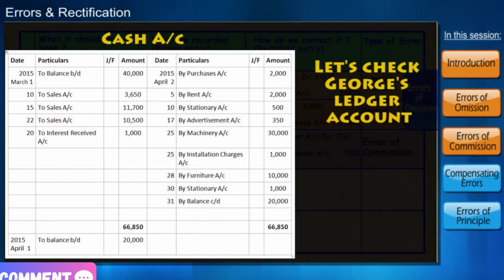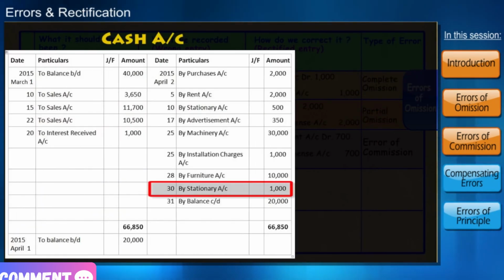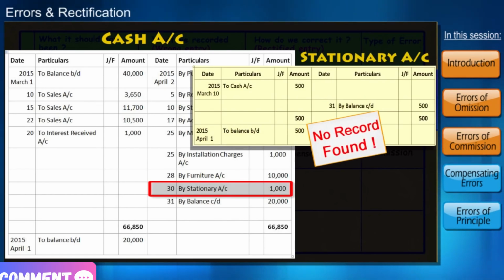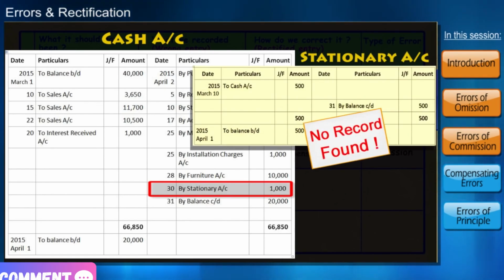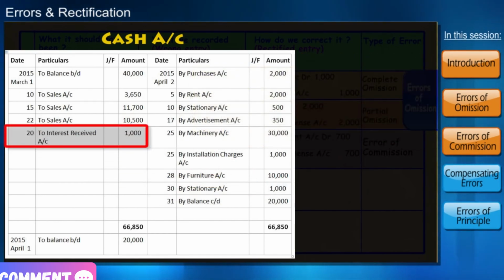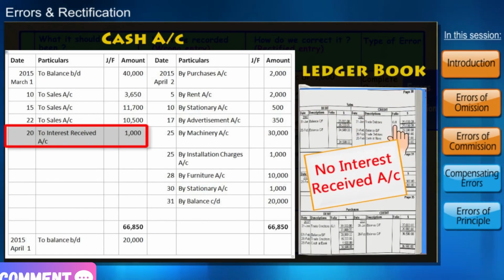In this cash account, there is a stationery expense of 1000, but the second effect has not been given in stationery account. And on the other hand, we can see interest is received of 1000, but the second effect is not given as there is no interest received account.